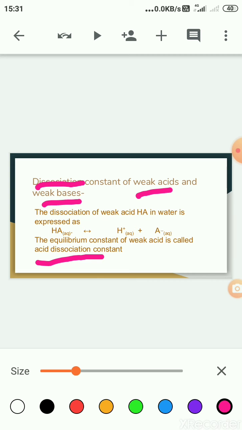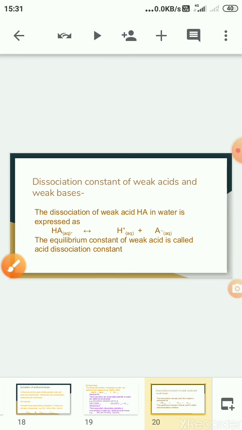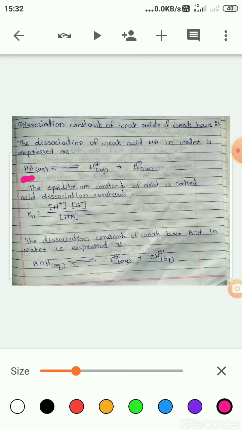One more thing we have to remember: HA represents a weak acid and BOH represents a weak base. The dissociation of weak acid HA gives H plus ion (aq) and A minus ion (aq).